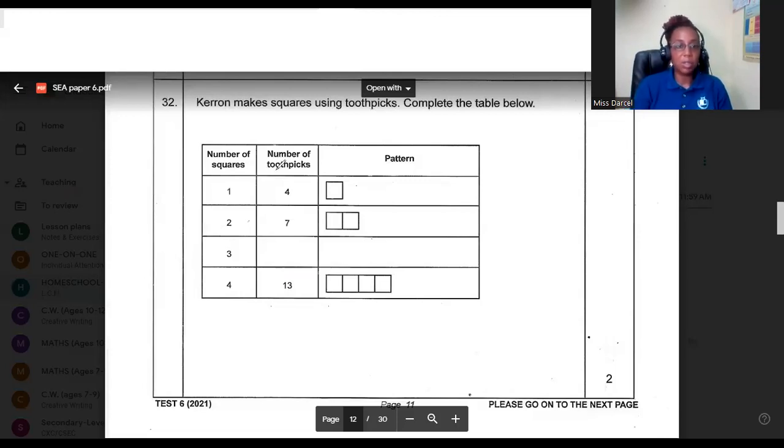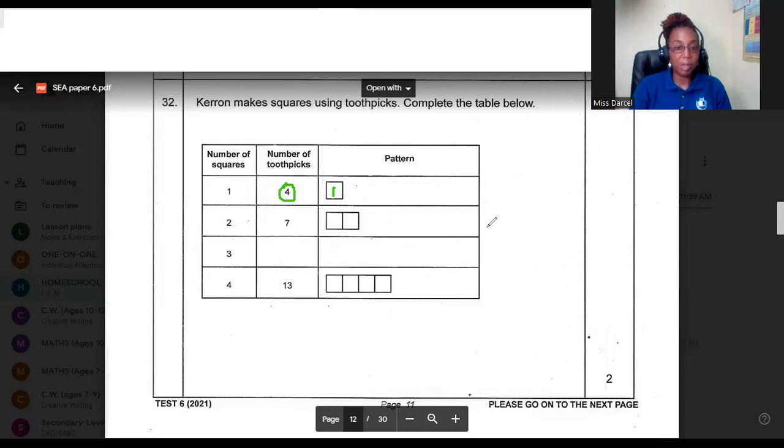All right. So we have Karen make squares using toothpicks. Complete the table below. So we have a pattern we have to follow here. Now there are two ways we can do it. We can do it the long way or we can do it the short way, right? We can look for the pattern. So if 1 square is made up of 4 toothpicks, 2 squares is made up of 7.